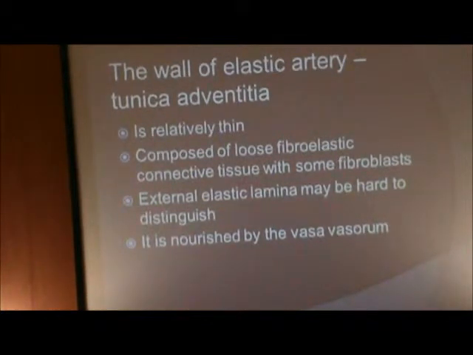Small vessels which are present in the tunica adventitia are called vasa vasorum, and they supply the tissue of wall of artery with oxygen and nutrients, because the wall is very, very thick.